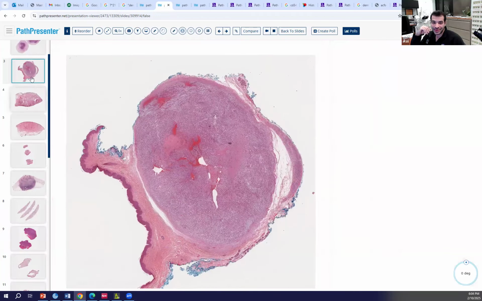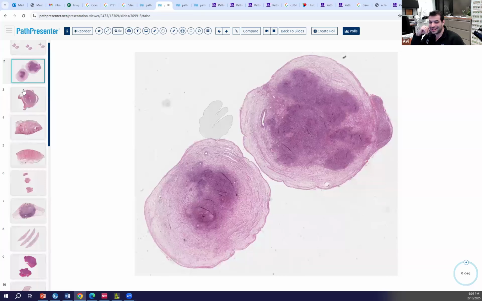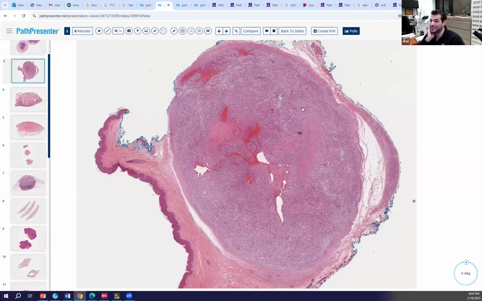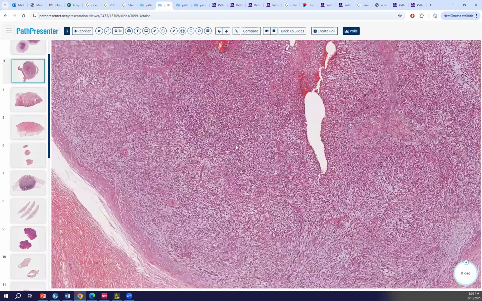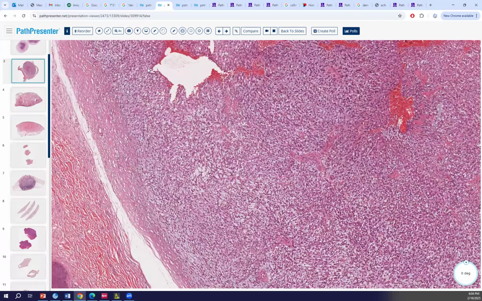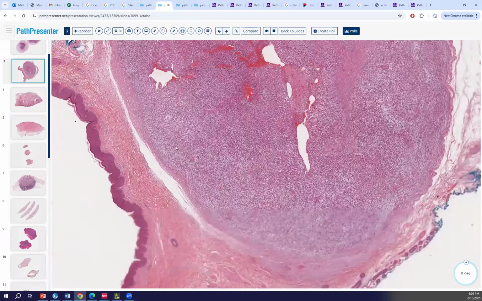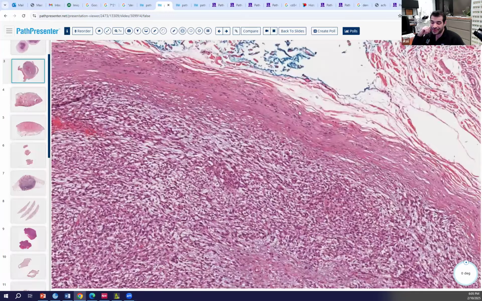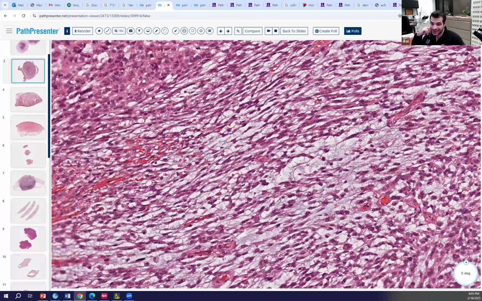But I wanted you to notice something. See how this has a resemblance to this? In the sense that there's both a capsule and some subcapsular edema. Other than that, you have epithelioid cells here, and sometimes you can get these pseudonuclear inclusions.